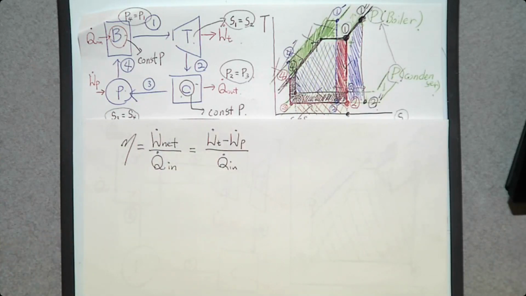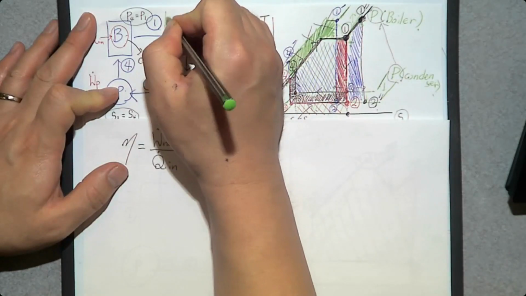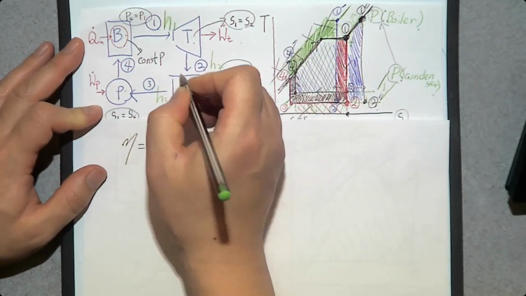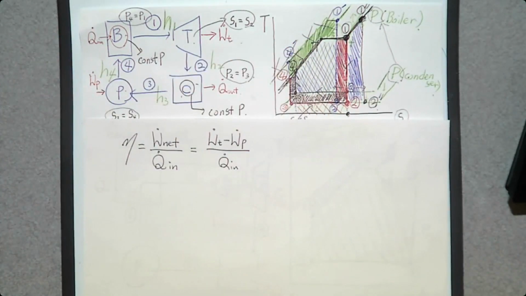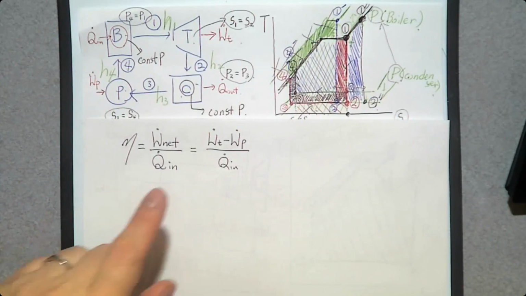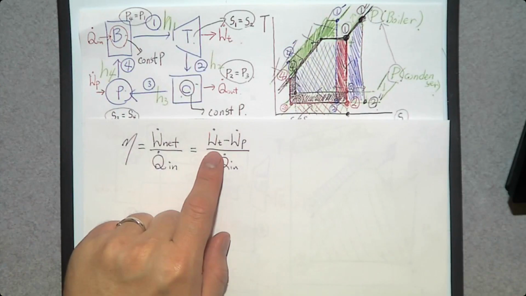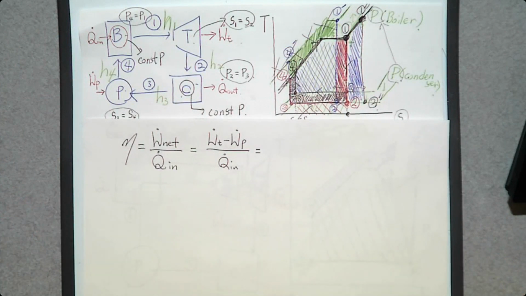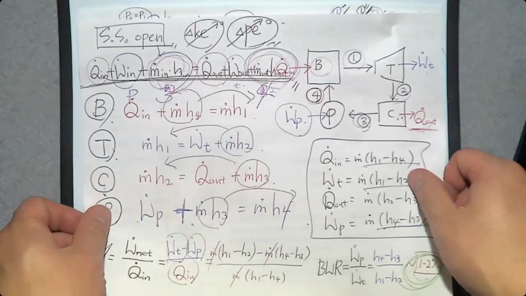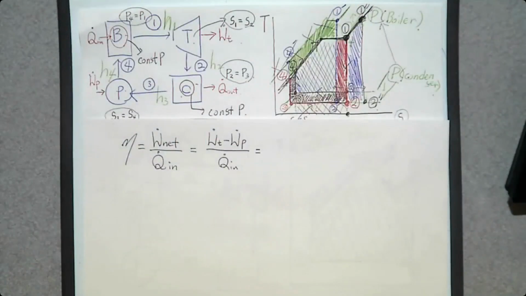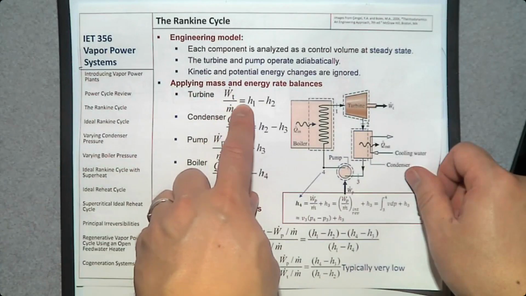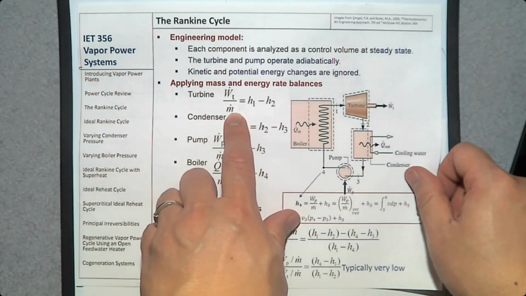We can do that by using specific enthalpy H1, H2, H3, H4. So we have 4 H values. Turbine power can be determined by mass flow rate times the difference in enthalpy, as we learned from this analysis. You remember that, right? Turbine power, W dot T is H1 minus H2 times M dot.